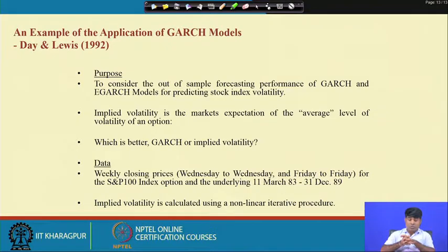Now, the question is which is better, GARCH or implied volatility. It is a situation you have to check and compare over time, and here is one example which I am citing.